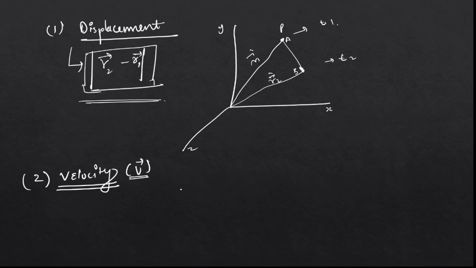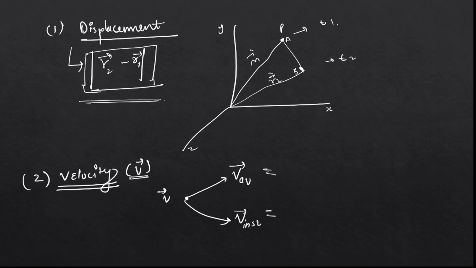So what is velocity? If I am interested in the average velocity, there are two parts. First thing is the average velocity, and second thing is the instantaneous velocity, right?